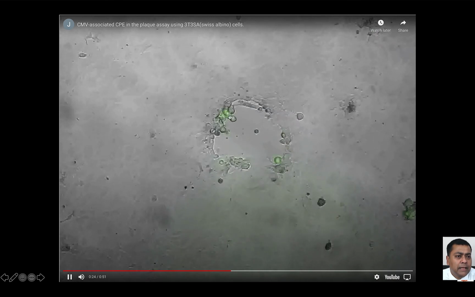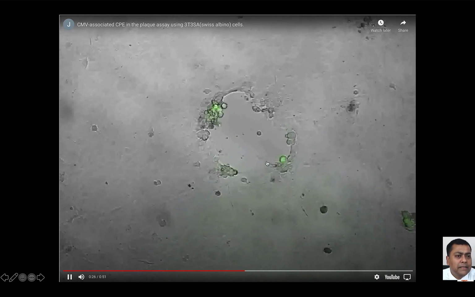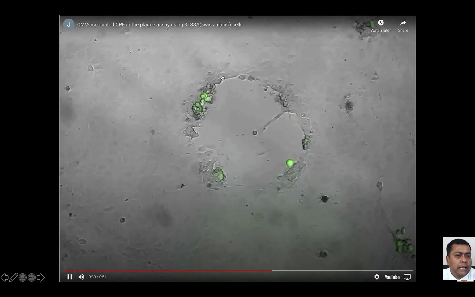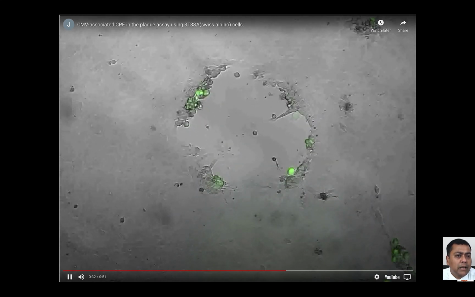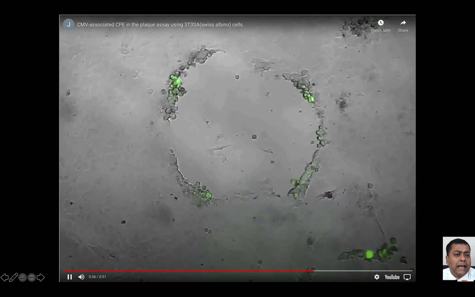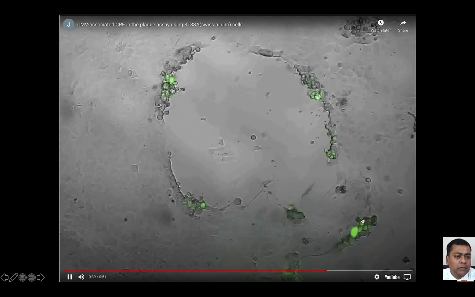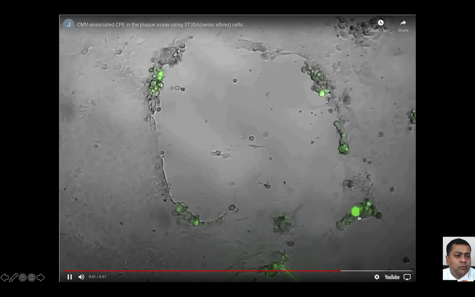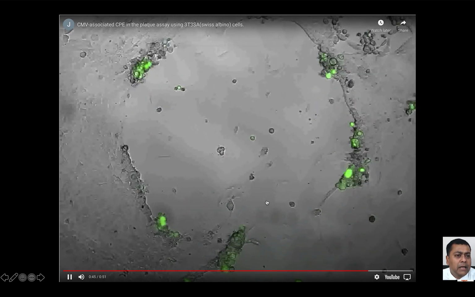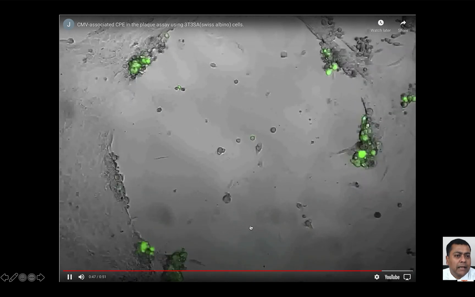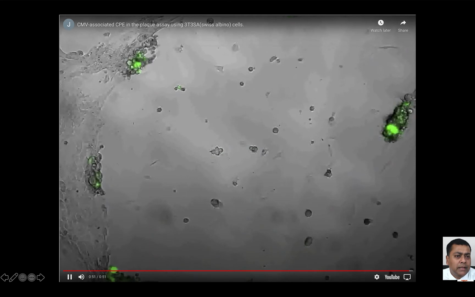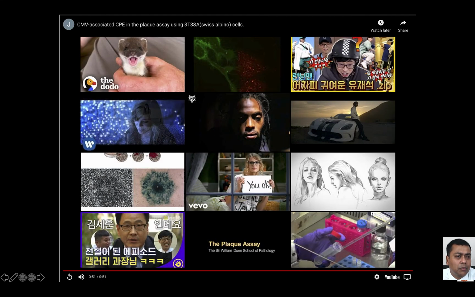And you can see that these cells are all green, meaning they are filled with recombinant virus producing that green fluorescent protein. It is an amazing video that shows how a plaque is formed in video microscopy. Lots of these cells showing the cytopathic effect are all tearing up, and that's the formation of the plaque. So a fantastic picture. You can see how cool it is.